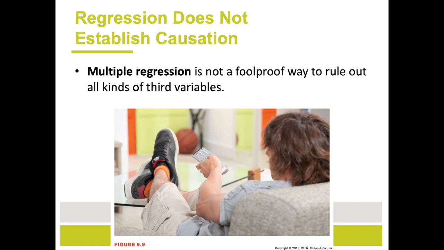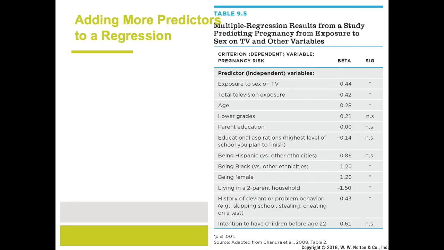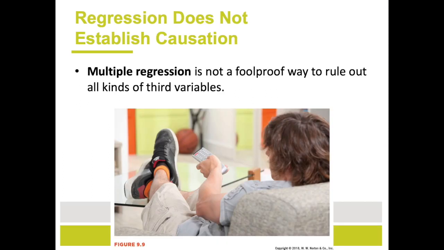So in this example back here, we're approaching this where we could probably say more exposure to sexual TV content causes higher risk of pregnancy. But this can be problematic because of what I was mentioning. Multiple regression can control for third variables, but here it can't establish temporal precedence.